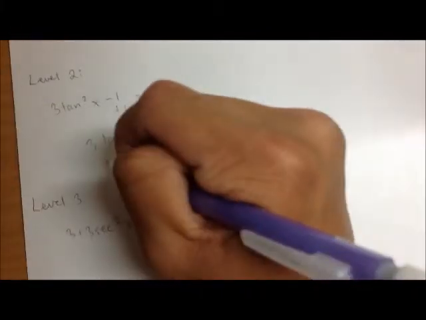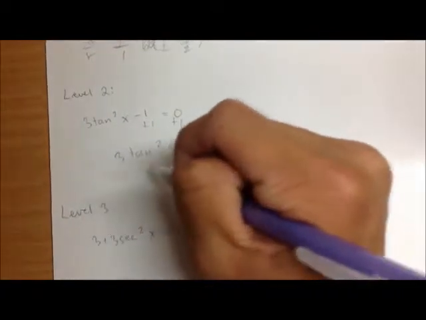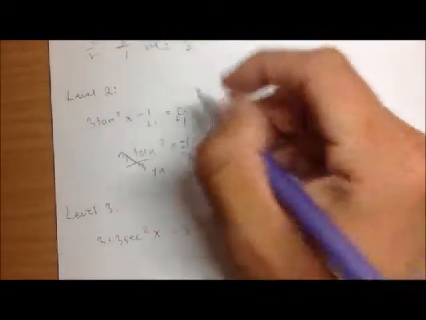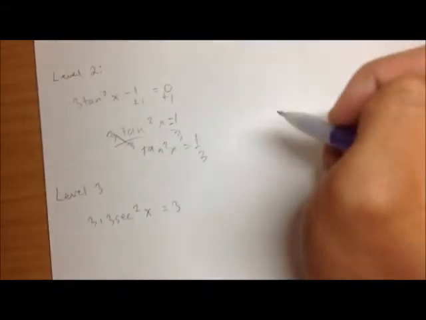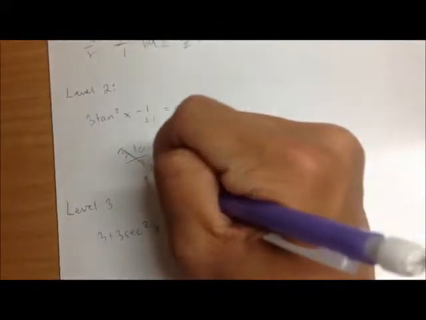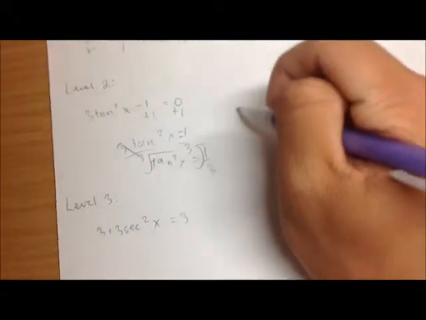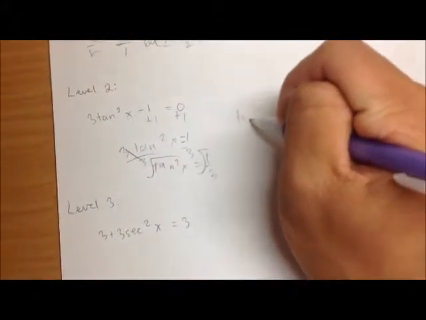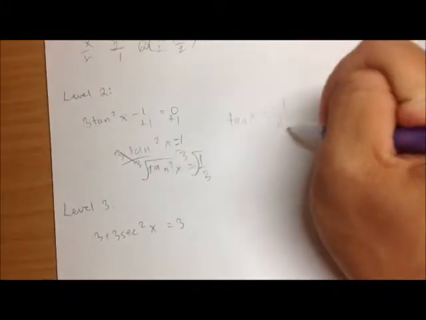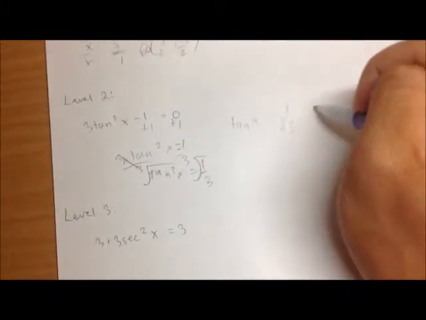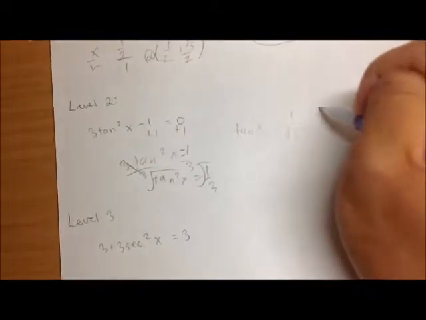Now we want to divide by 3 on both sides. And then we square root both sides, which gives us tan x equals 1 over radical 3, which is radical 3 over 3.